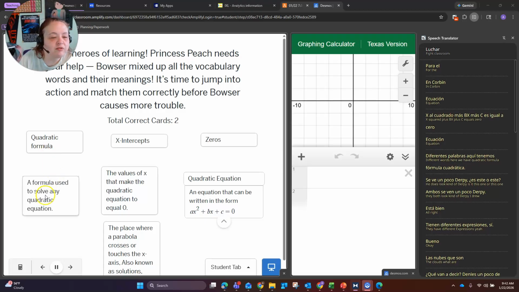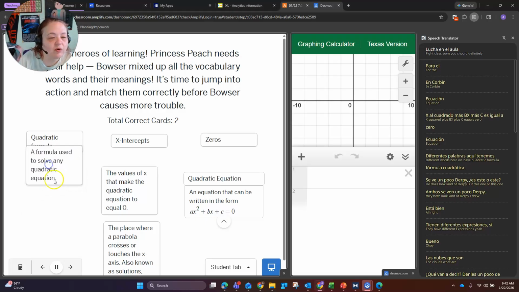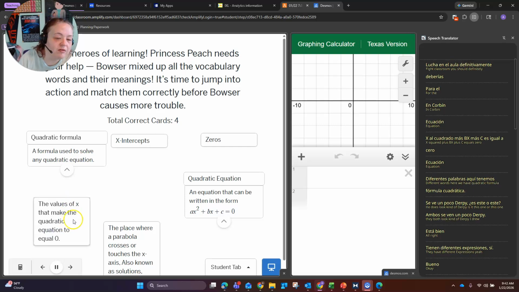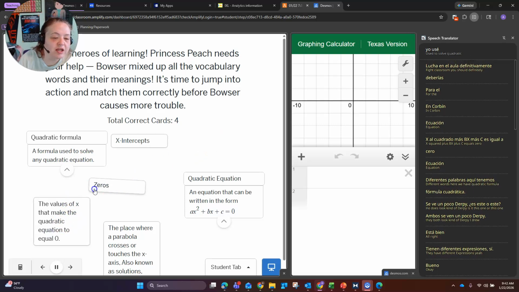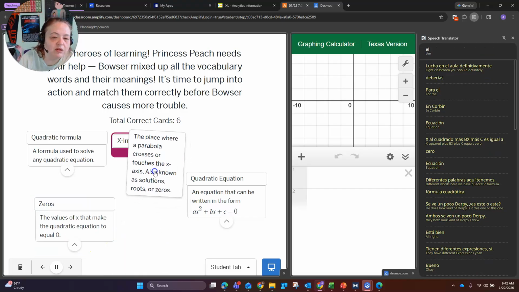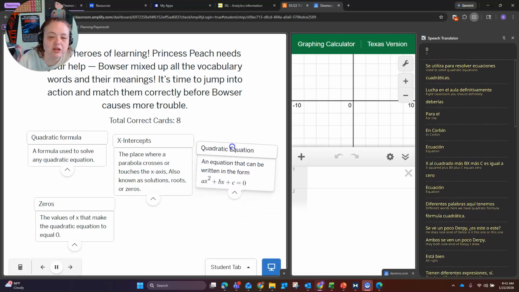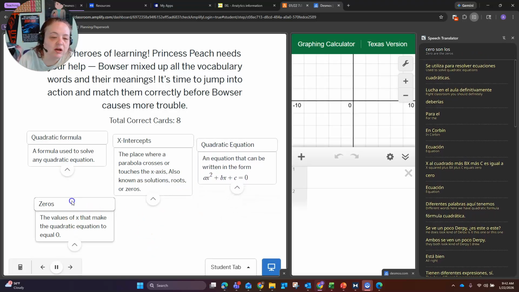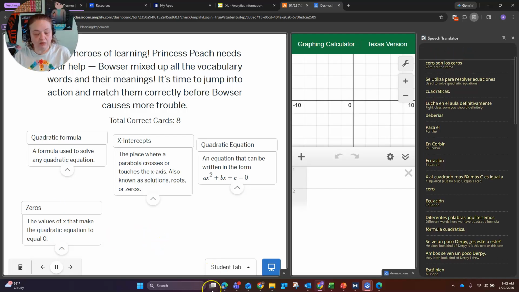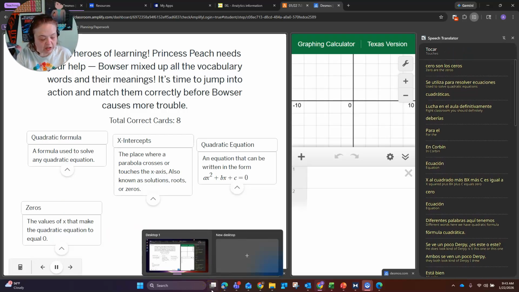All right, so quadratic formula is the formula used to solve quadratic equations. The values of x that make the quadratic equation equal to 0 are the zeros. And then the place where the parabola crosses or touches the x-axis, those are our x-intercepts. All right. So yours should look like this.